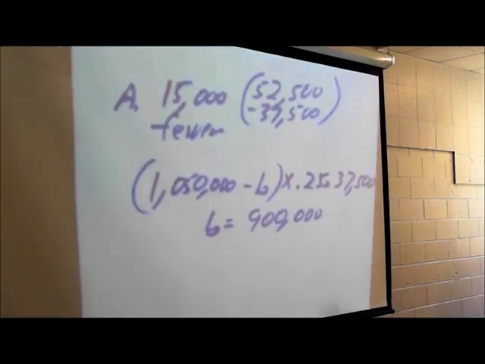Simple algebra. Basically, if you took the 37.5, multiplied it by 4, you get 150,000. So it's got to be 150,000 fewer than 1,050,000, right? Working backwards.